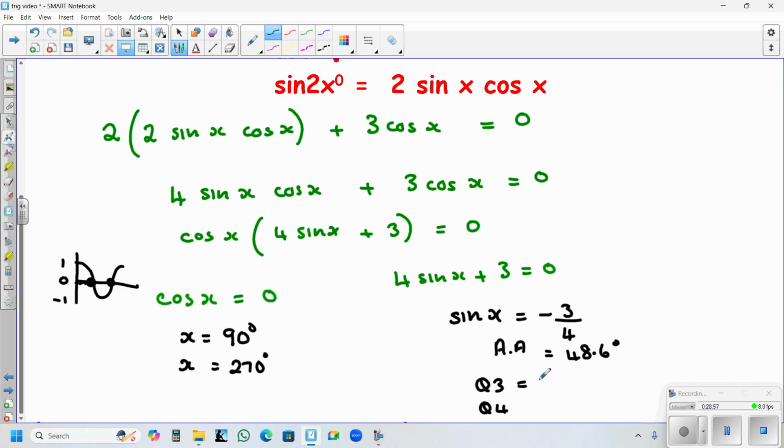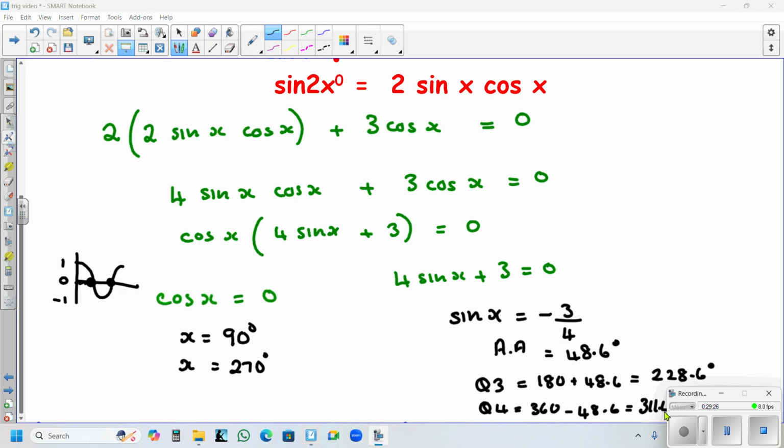So quadrant 3 is going to be 180 plus 48.6, and that gives me an answer of 228.6 degrees. And the other one is going to be 360 take away 48.6, and when I take that away, that gives me an answer of 311.4.